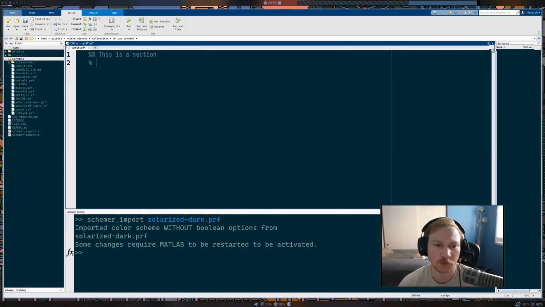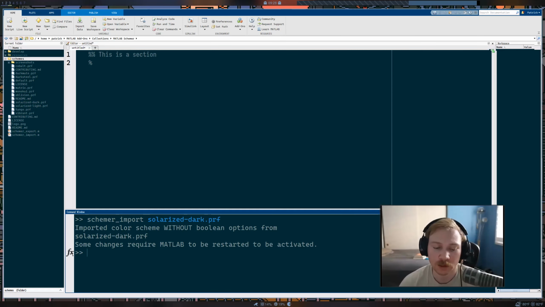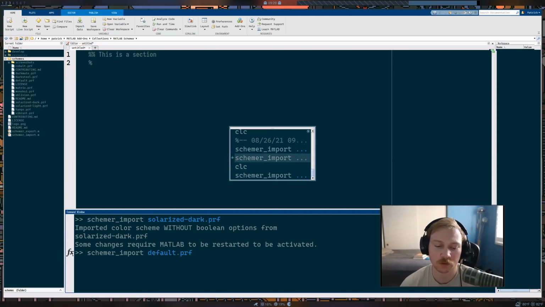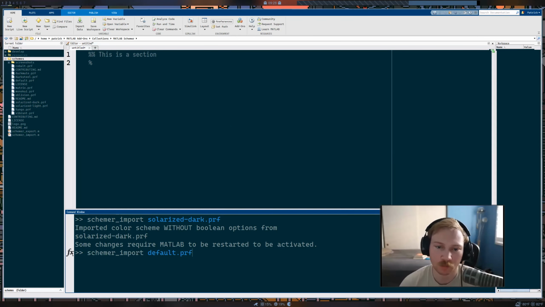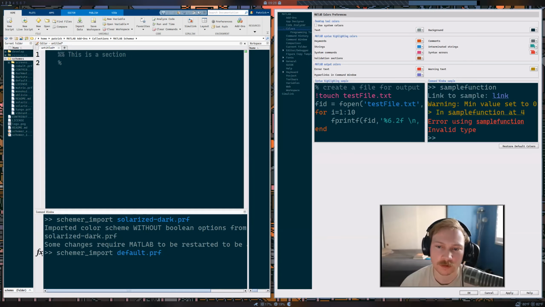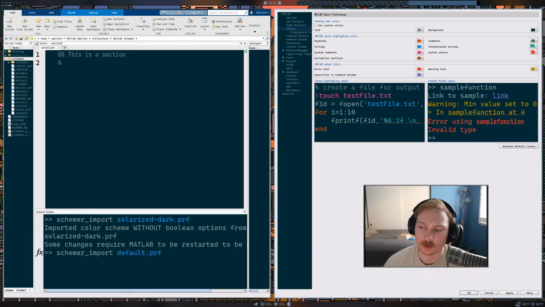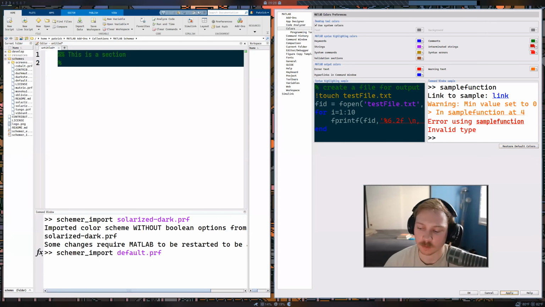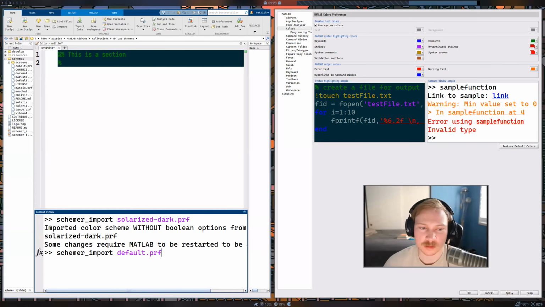Let's say you want to go back to the default settings. You can use that command I showed you earlier, schemer_import default.prf, or you can click on preferences, go to colors, click restore default colors, and click apply. But once we did that, this section color has not changed.